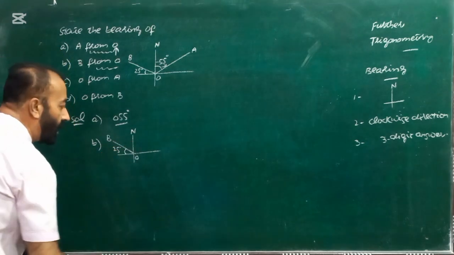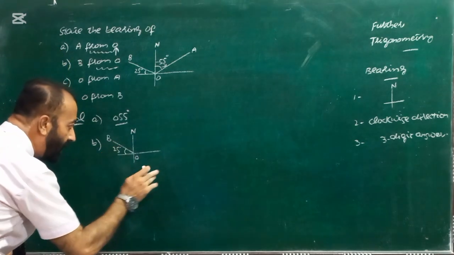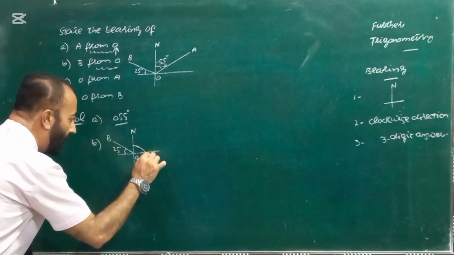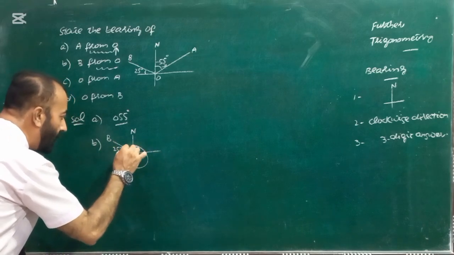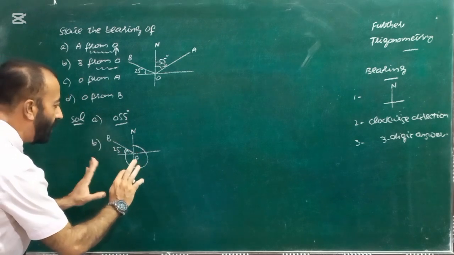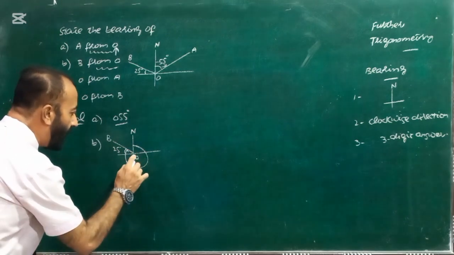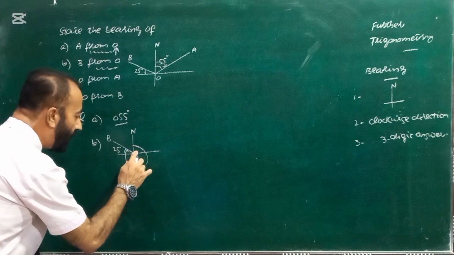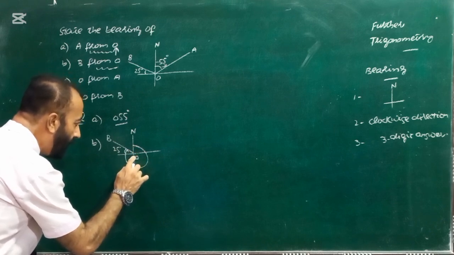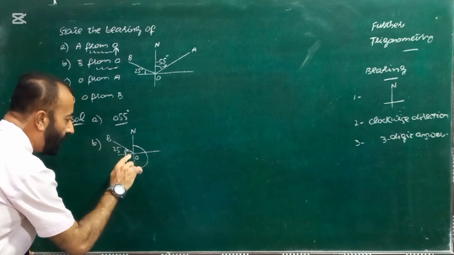Now from here we will move clockwise and reach B. From here to here, this is the angle which we want. As you know, the angle of one quadrant is 90°, two will be 180°, and here three quadrants are there, so 270°.